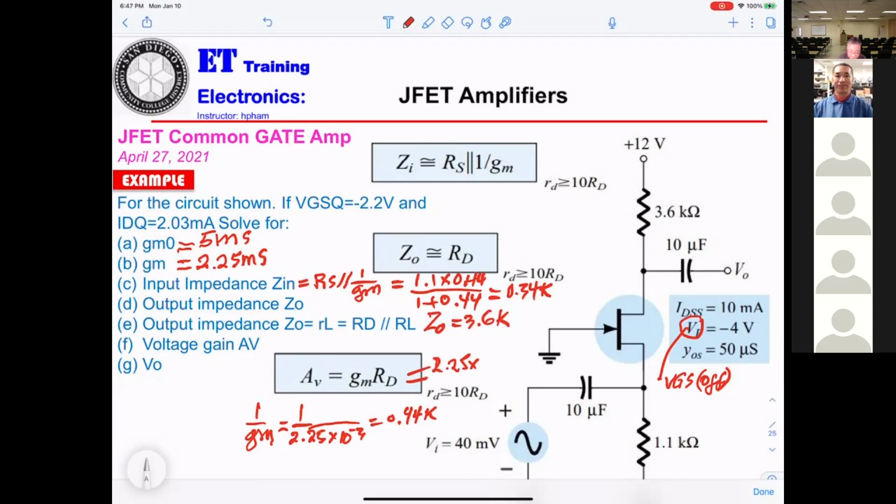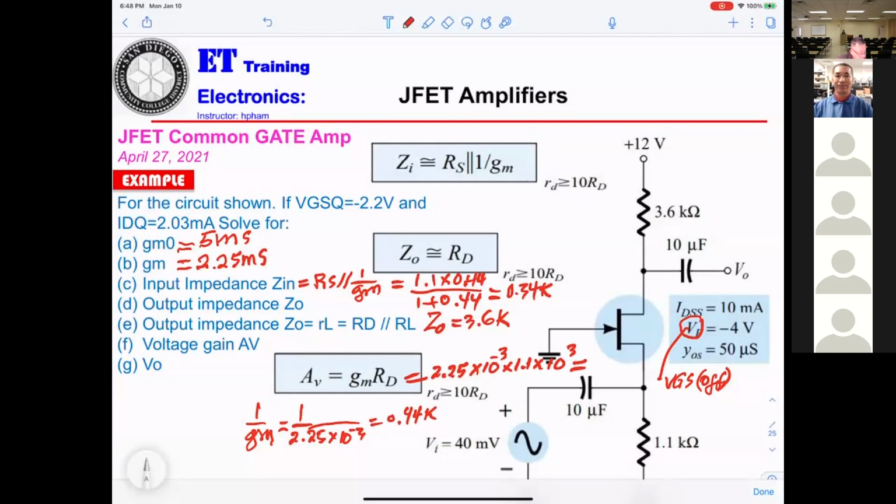That means, make sure you get the right units: 2.25 times 10 to the minus 3, times 1.1 times 10 to the power of 3. That will give you 2.25 times 1.1.